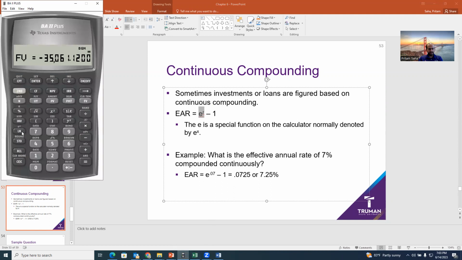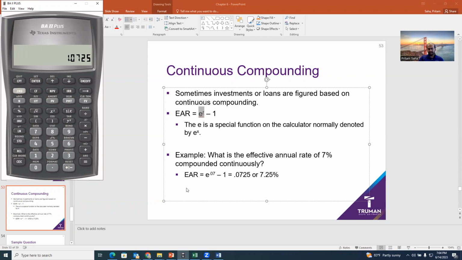Now, how can we find this on the calculator? If you look here, this is the thing. Let's change to the N method, and now let's solve this problem. What is the effective annual rate of 7% compounded continuously? So if 7% is your APR, what is the effective annual rate, right? Let's do 0.07 and then second e^x, 1.0725.